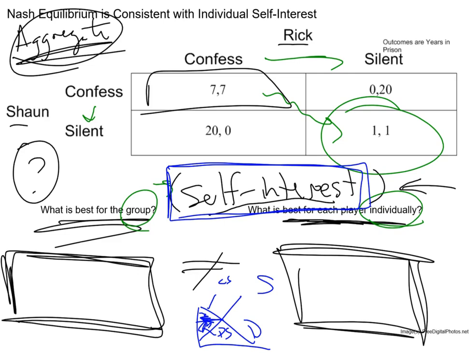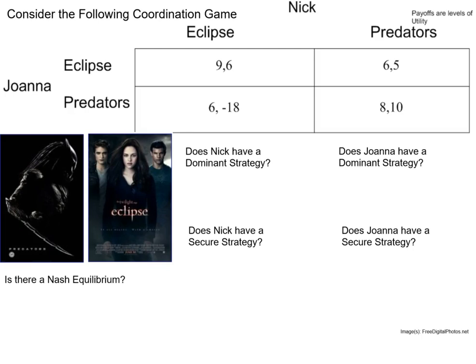We find maximum economic value created when individuals pursue self-interest. And this prisoner's dilemma says maybe sometimes that's not right. When we're studying strategic situations, there's sometimes a tension between self-interest and the way that we maximize outcomes for the group. Another strategic situation that we can look at is what we call a coordination game.